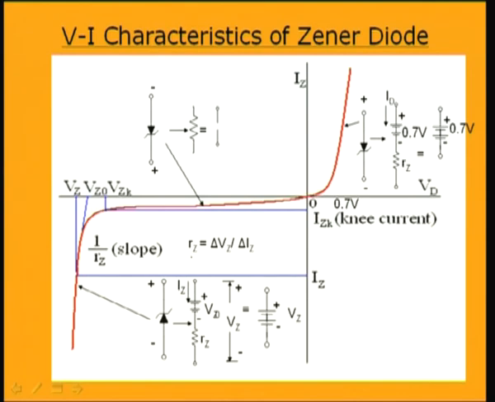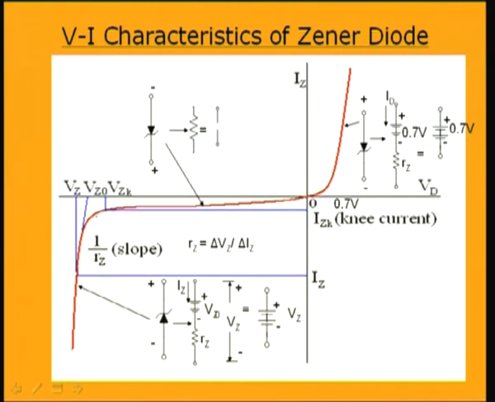Now, there is a point called the knee current in the current axis. If we see, the current Izk is the knee current, and what does it mean?